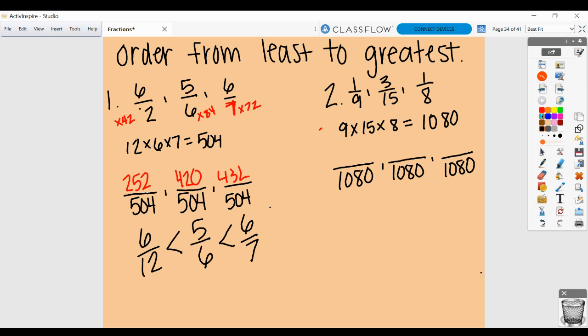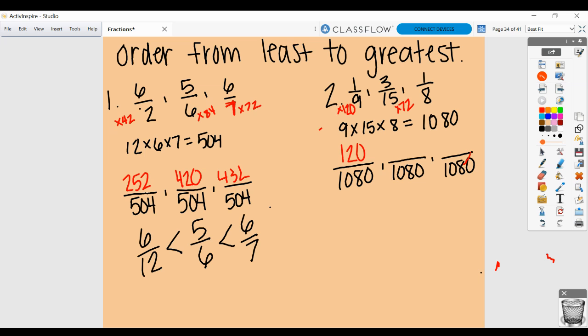Okay, so we have to figure out what we multiplied by. 1080 divided by 9 was 120, so we multiplied by 120. So 1 times 120 would get you 120. 1080 divided by 15 is 72, so we're going to multiply by 72.